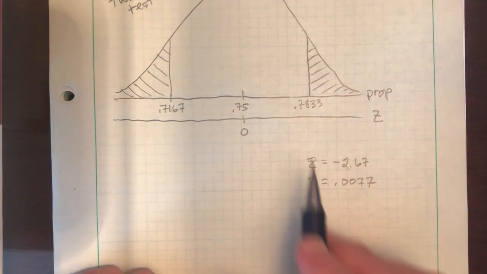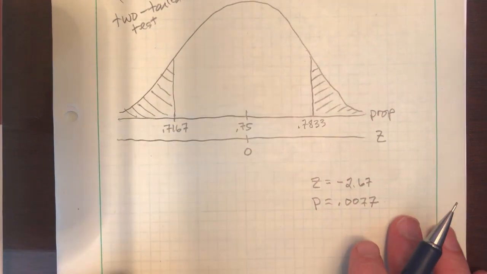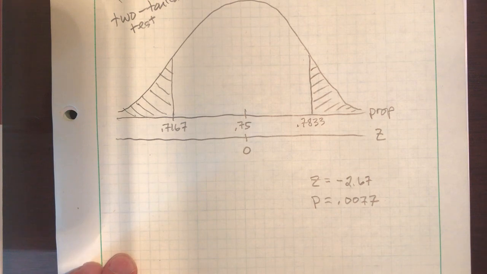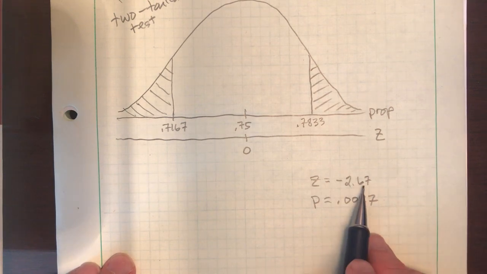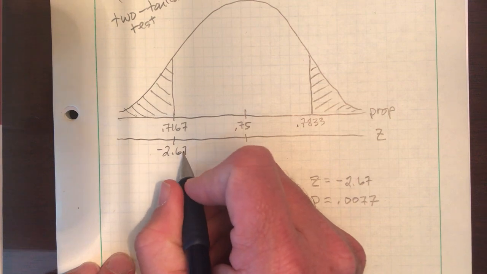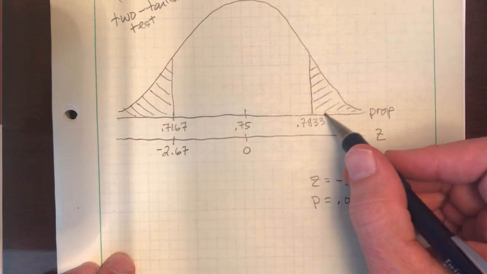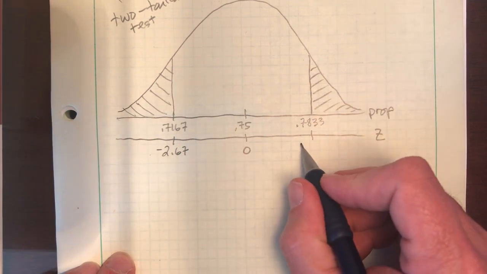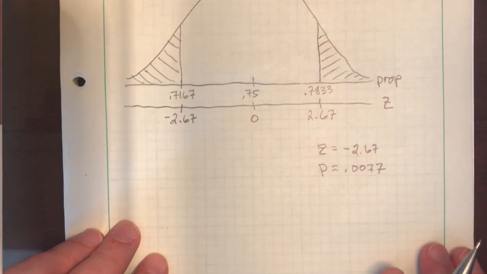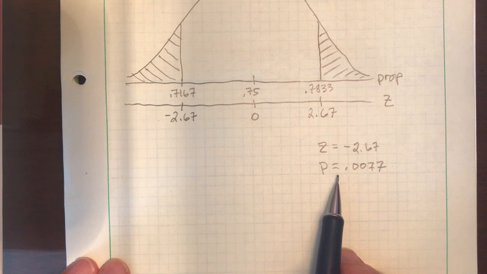Calculator's done. Let's go back to my sketch and complete my Z number line. So I know that negative 2.67 makes sense. It's to the left. And it turns out, had it been this upper one, it would have been the positive 2.67. But what really helps me make a conclusion is my p-value.